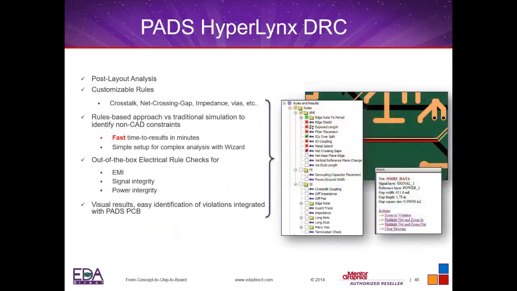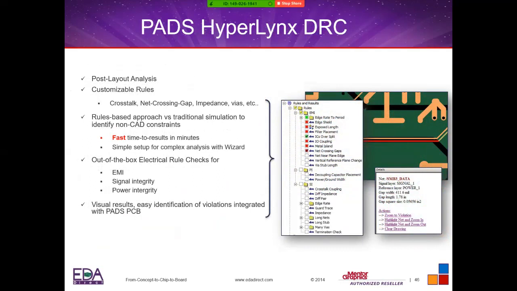You will also be given the new HyperLynx DRC. So this is more of an electrical check. This used to be an option. They've now thrown it into the tool. This will allow you to do EMI or signal integrity, SI or PI. Full range of design rule checks that you can check out.